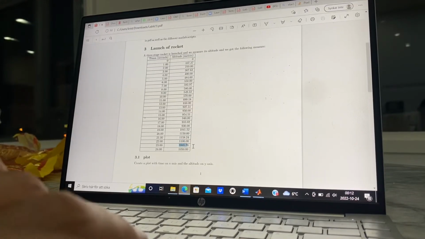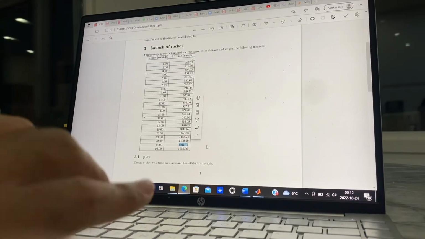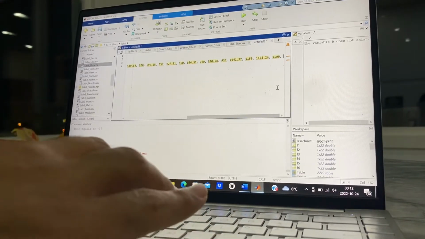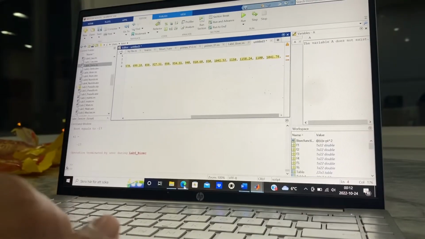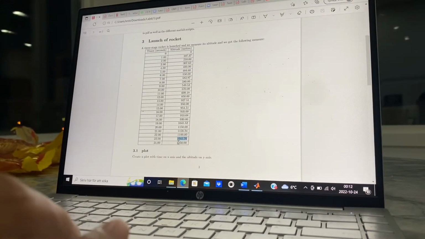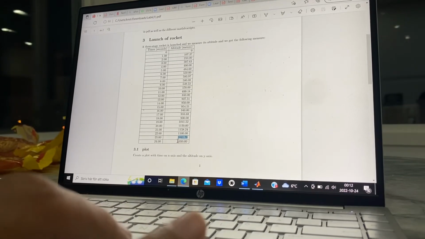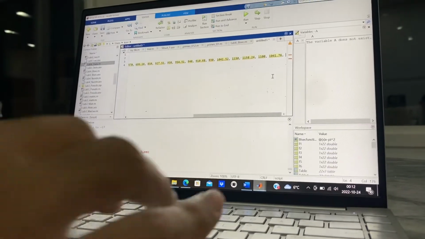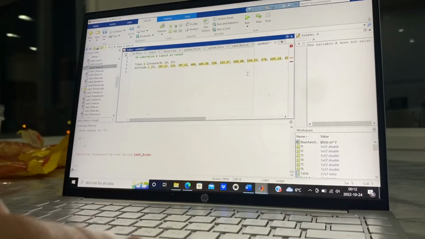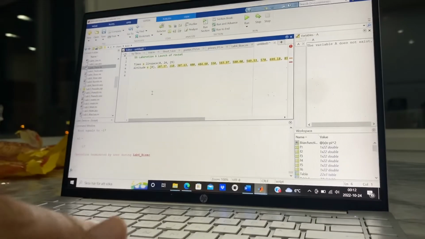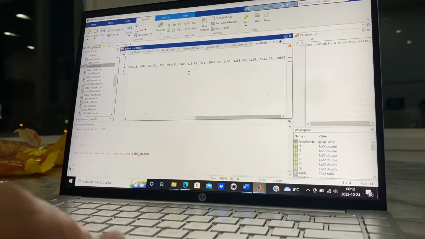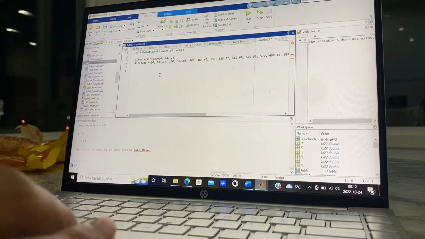Yeah, only 2 numbers left. And then we have the last number here. Oh, there's an extra bracket here. Yes, now it's alright.